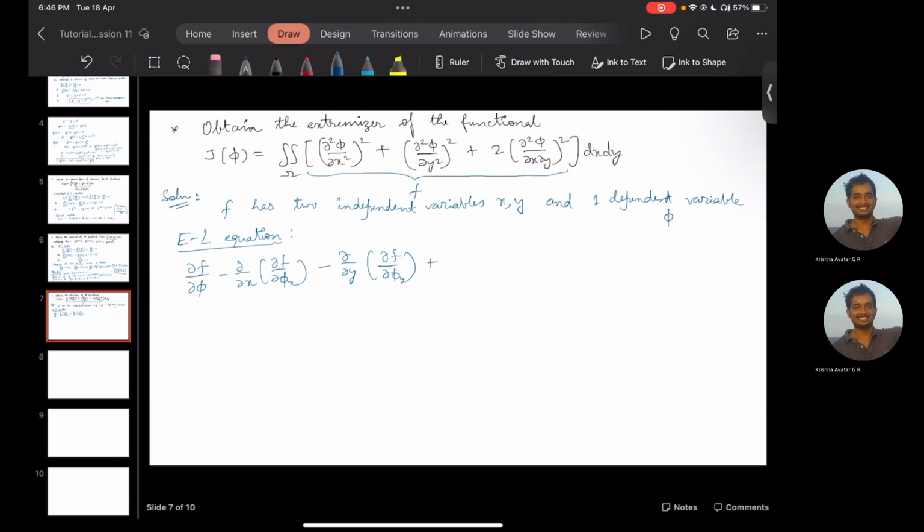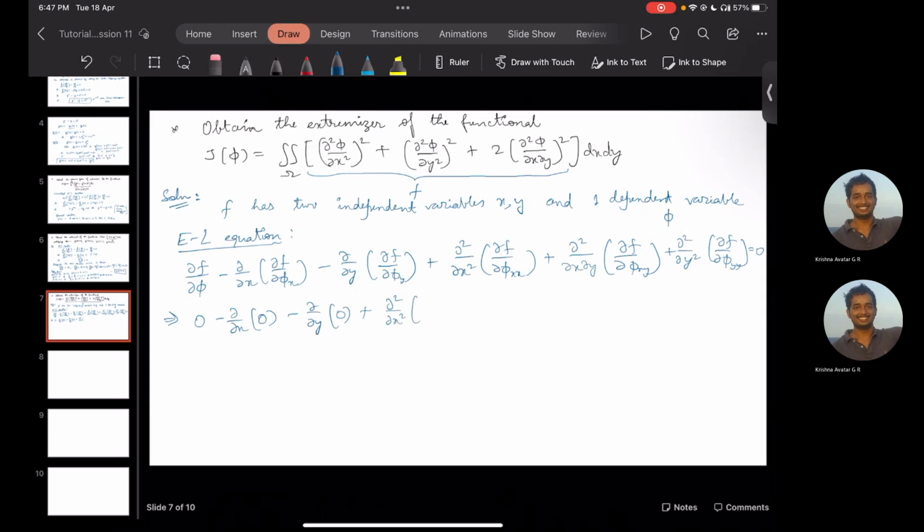It's just a shorthand notation. There is no term containing phi x, right? So we'll have 0. And there is no term containing phi y. This is also 0.